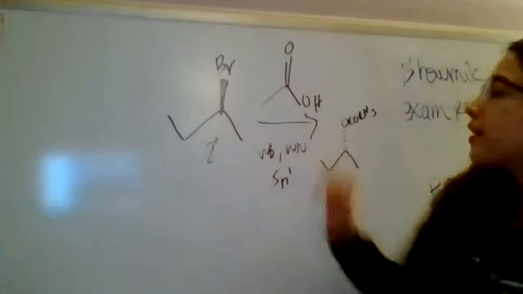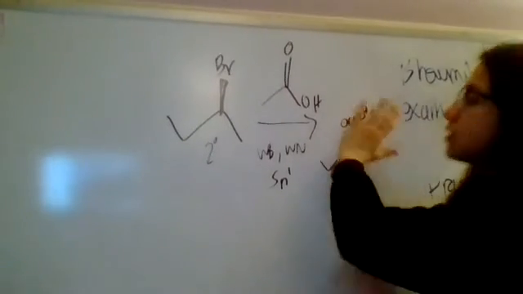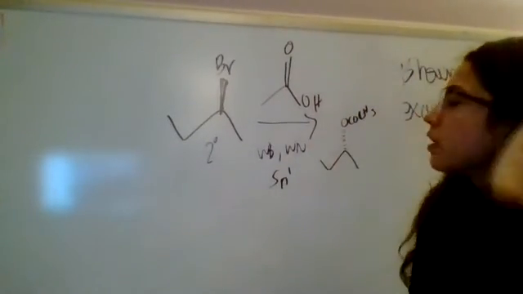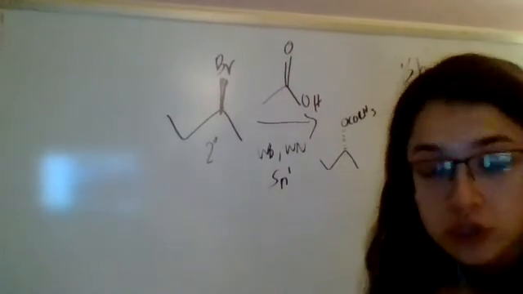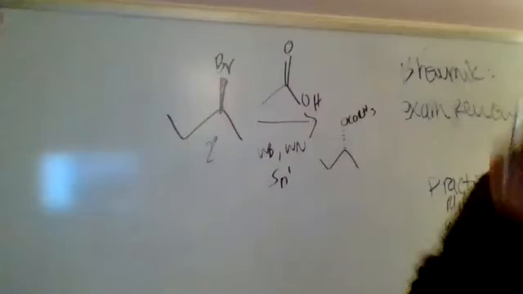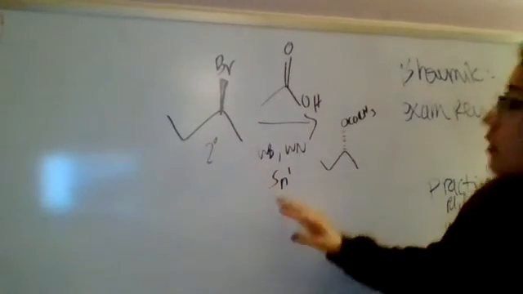If you didn't have the answer options, what do you think it would be? Elimination, or did you choose substitution? Let me see. It's secondary and it's a weak base, weak nucleophile. So you would say yes, it's SN1, but with the wedge. Honestly, I blocked out so much from that exam.